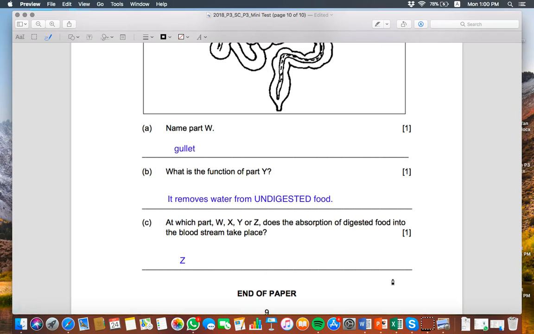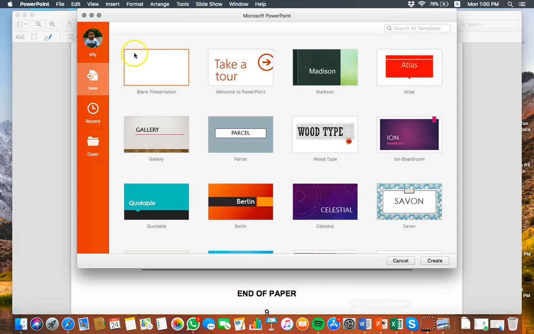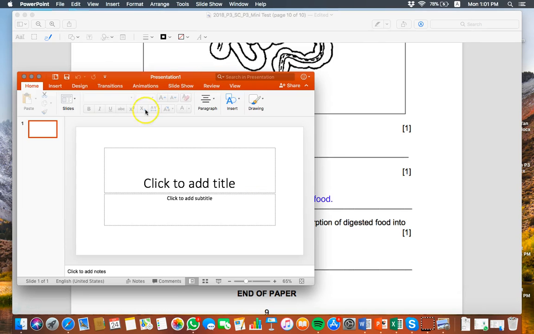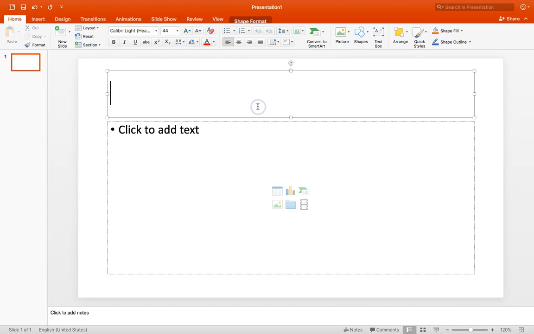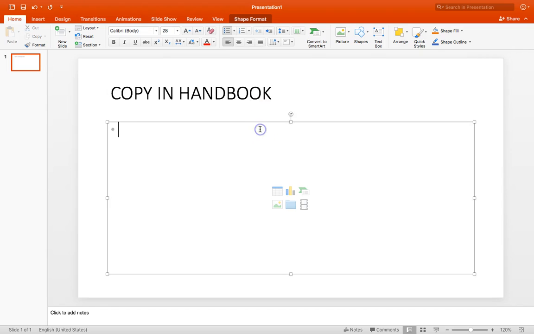Okay, I've come to the end of going through the mini test. This is what I want you to do. Complete corrections for the mini test. You should have done so just now when I was going through. If not, copy from your friends.